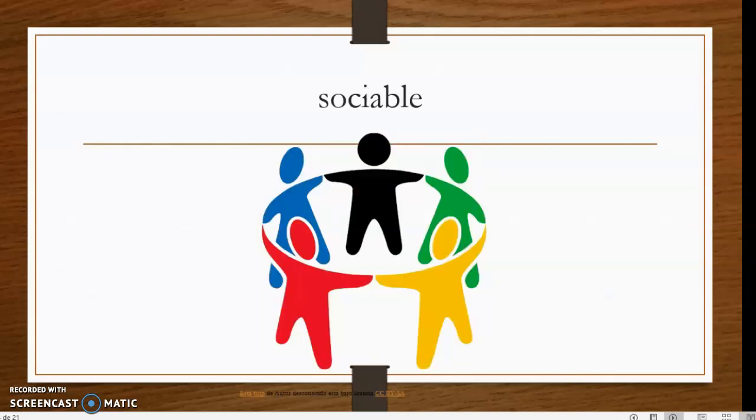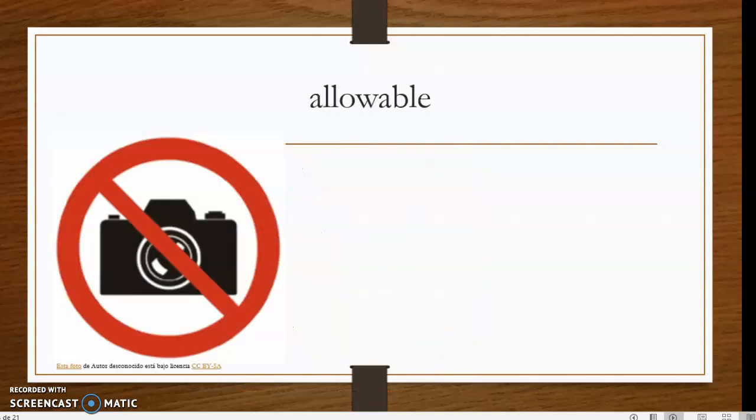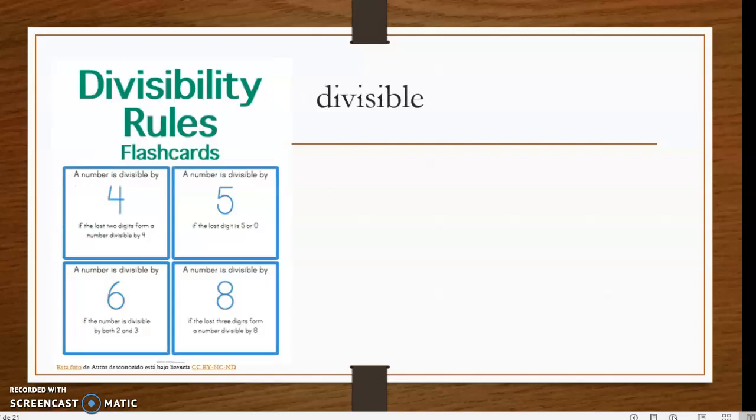Sociable means friendly, somebody who likes to be around people. Allowable. In this case, I put a picture of something opposite. Remember the homophones we worked with, like allowed? Maybe cameras are not allowed in a museum. So allowable is possible.